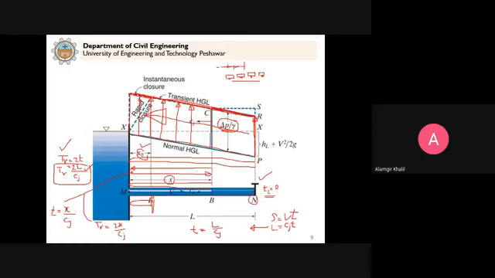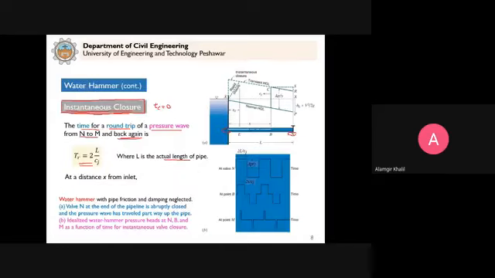So this time reduces, clear? That's why at any distance x from the inlet, the time is 2x by Cj. For the full length L, it is 2L by Cj. For any distance x, such as point B, it is 2x by Cj. What will it be for E? It will be 2x naught by Cj, and so on.